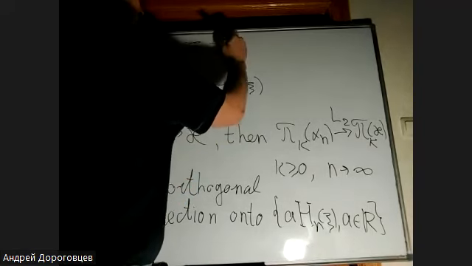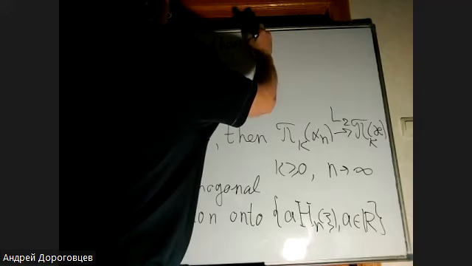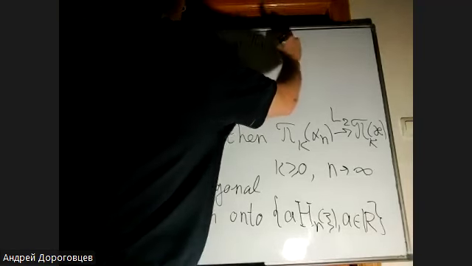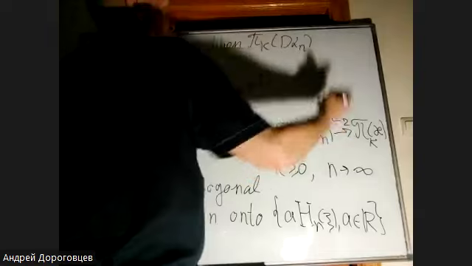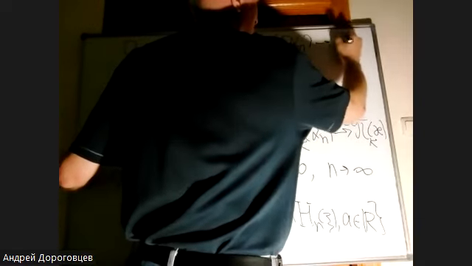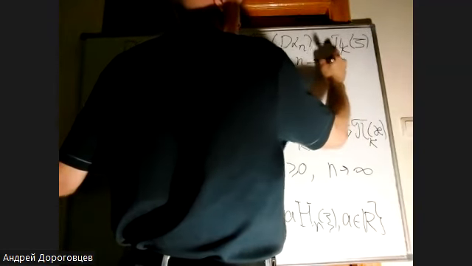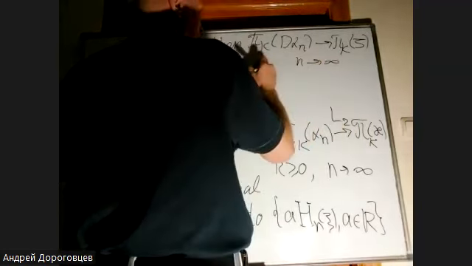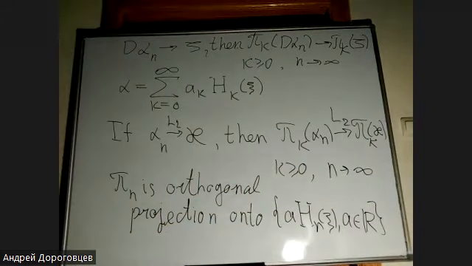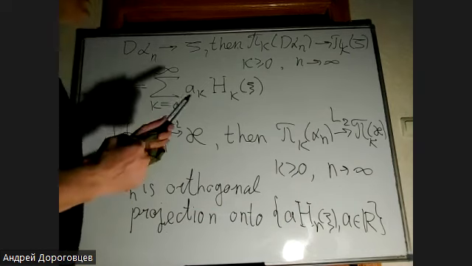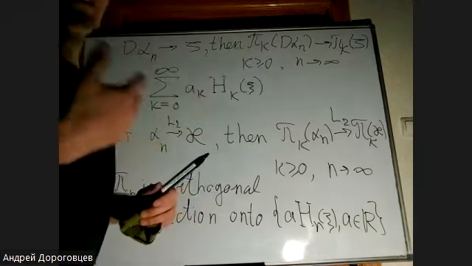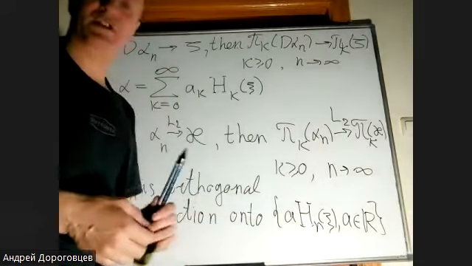Then P_k of Dα_n converges to P_k of ζ for any k greater than or equal to 0. Okay, but what happens? We know how this P_k of Dα_n looks.